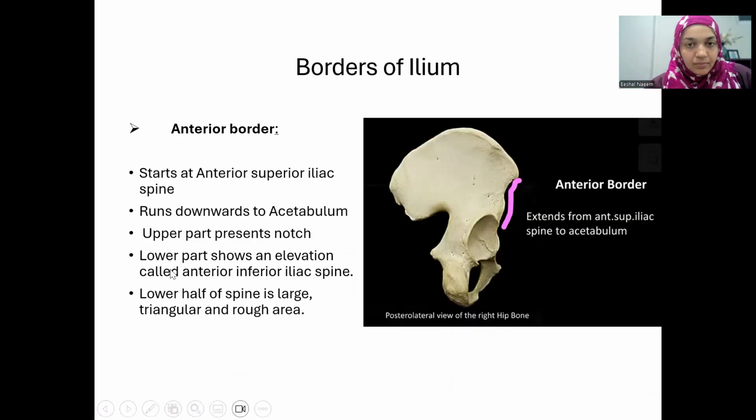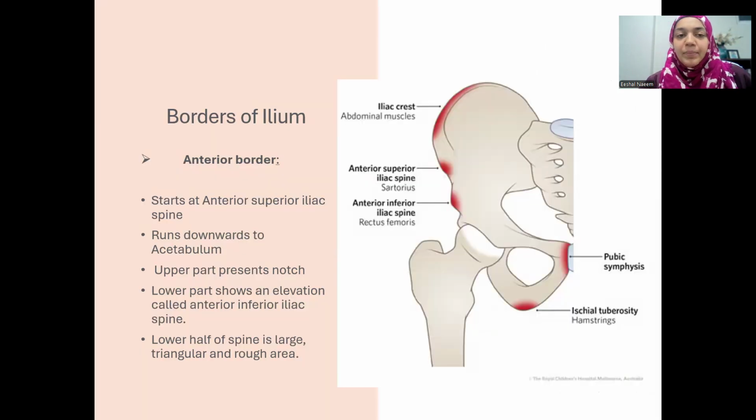Now, we have a few borders. I already discussed the anterior border of the ilium that was running from the anterior superior iliac spine to the acetabulum. And we should do a little revision of the muscles here. On the iliac crest, we had the abdominal muscles, the external oblique, internal oblique, and rectus abdominis. Then near the anterior superior iliac spine, we had the tensor fascia lata.